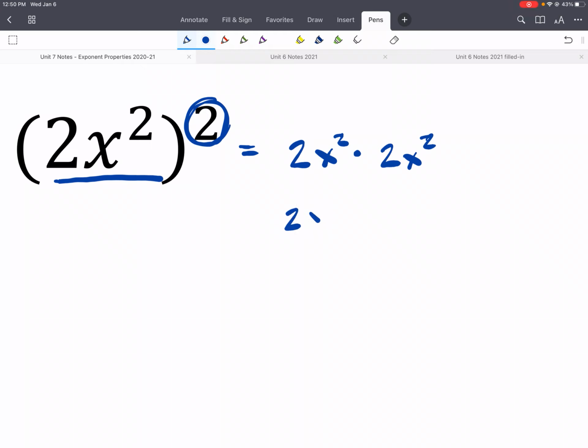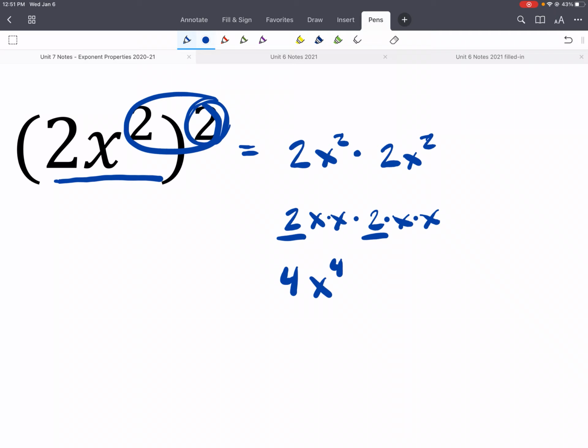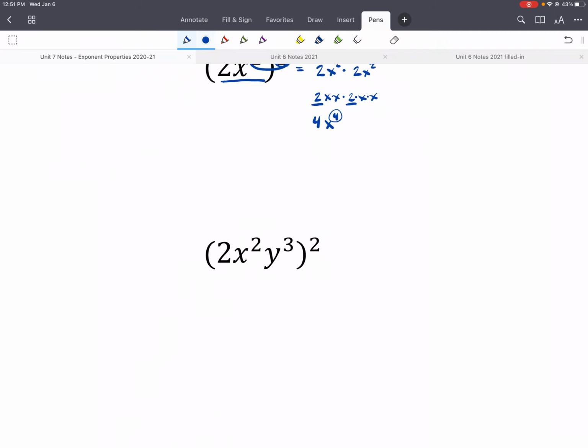We could do 2x times x times 2 times x times x. That means we have 4 x's. Then our coefficients, that's 2 times 2, so we get 4x to the 4th. What's the relationship between those two numbers and this number?